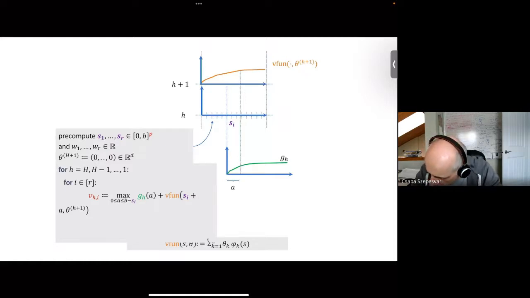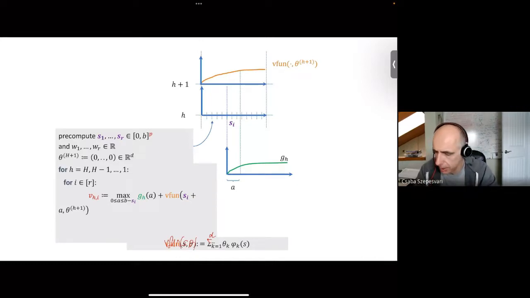So here, what you don't see is that this is just V fun. This is like Python code. You write this function, it takes two inputs, the state and the parameter vector, and it returns the sum of the correlation between parameters and the basis functions evaluated at this point.